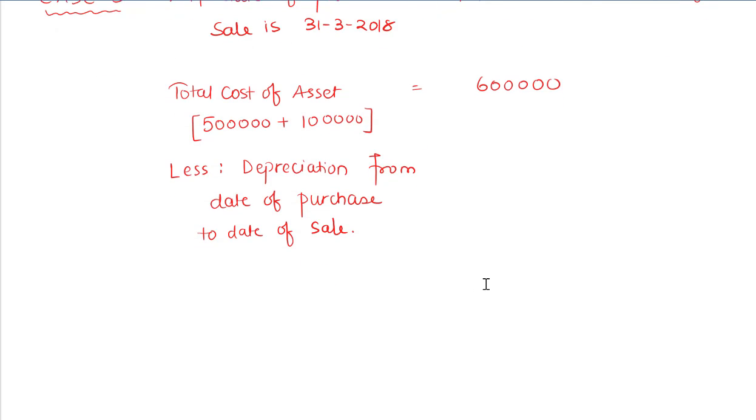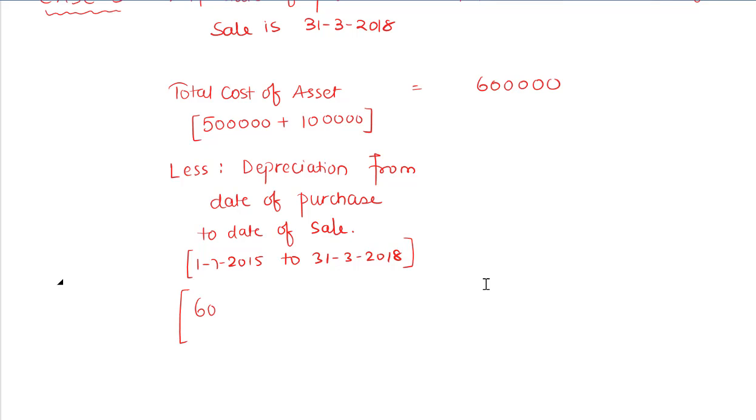We need to calculate it. So date of purchase and date of sale, that is 1/7/2015 to 31/3/2018. We calculate the months. It is 33 months.